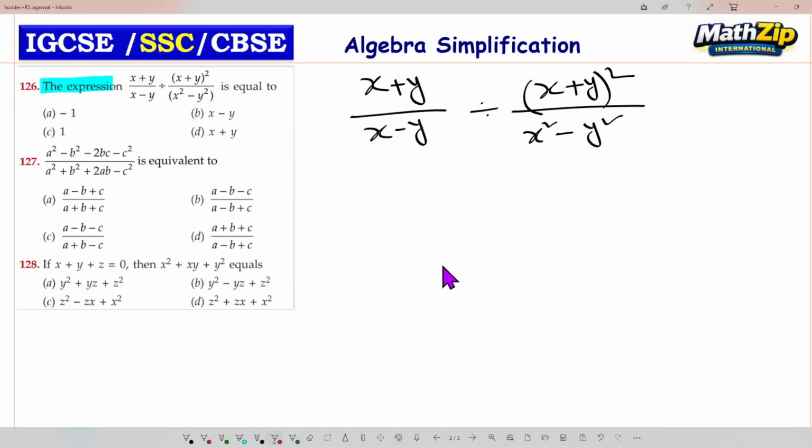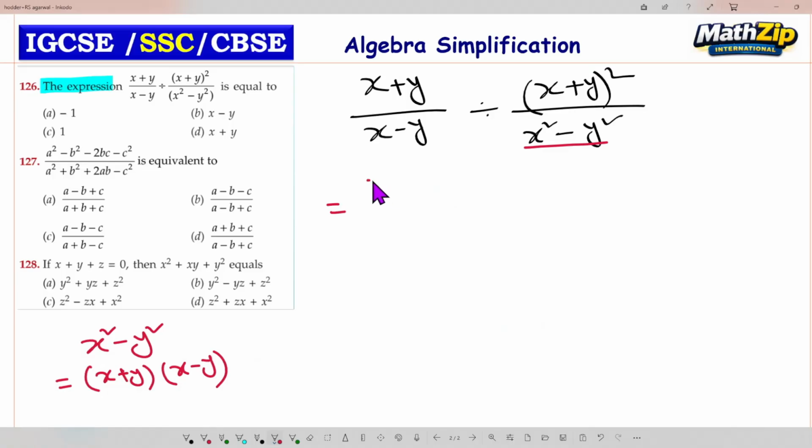Before simplifying, we have to know some law. Here is x square minus y square. We can write this one as x plus y times x minus y, as per the a square minus b square law.